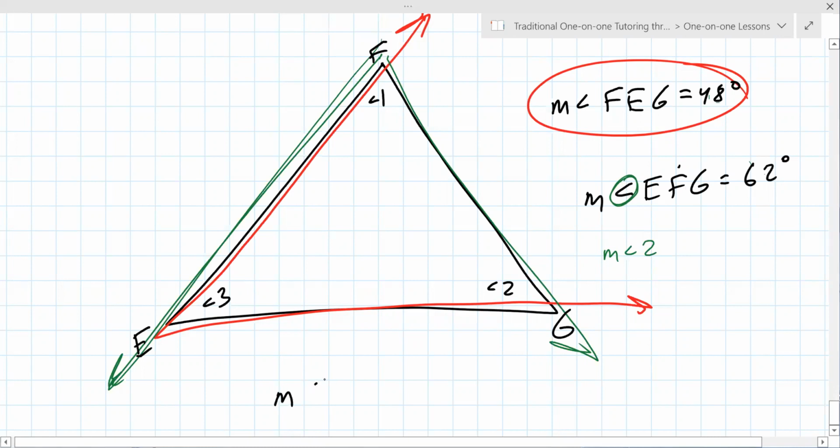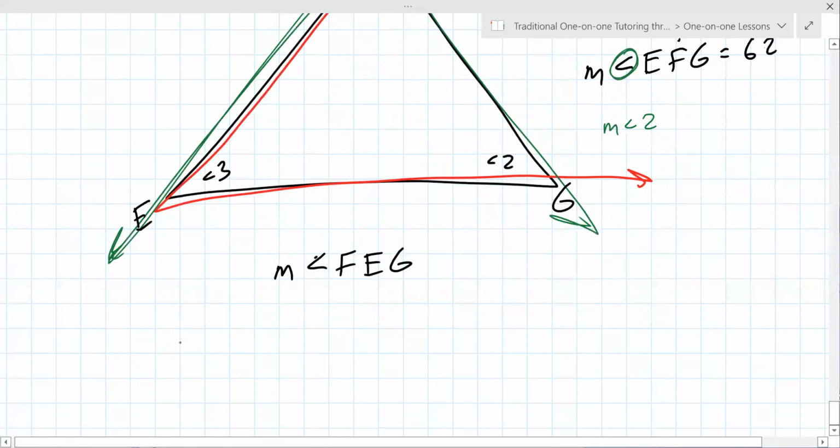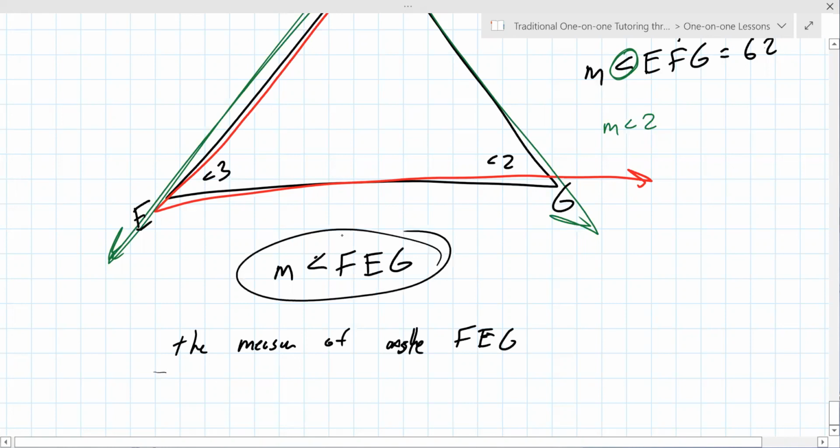Here's how you would write this and say it: the measure of angle FEG. So you don't say M angle FEG. You have to say it this way: the measure of angle FEG. That's what this means. Okay, I'm going to write that down. It's like a new language almost.